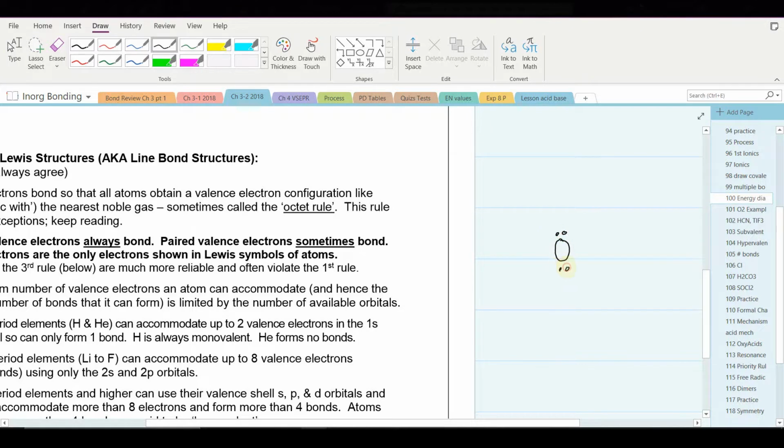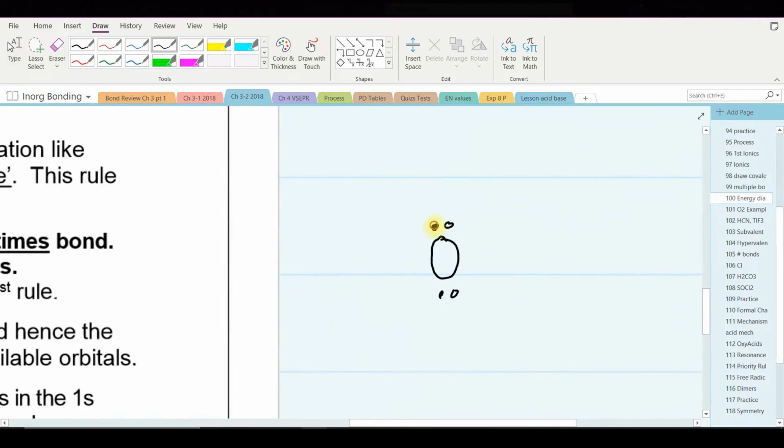Here's the Lewis symbol. Bonding with hydrogen. So we're saying that the single unpaired electrons always bond. That's generally going to be true. There are some exceptions we'll talk about later, but they're extremely reactive compounds and not around for too long.